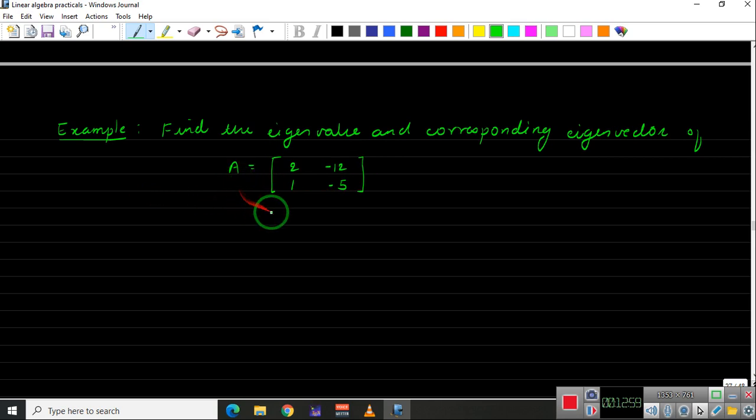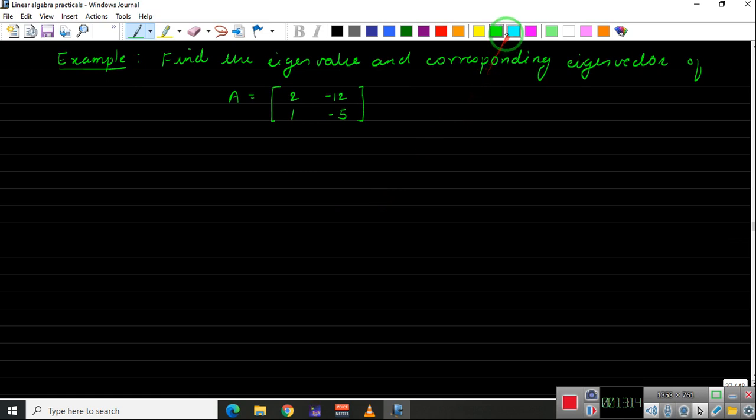What you need here is, first, how to get the roots of a polynomial, and second, how to solve a system of equations. If you know these two, then you can find the eigenvalues and eigenvectors. Okay, so let us solve this. Solution. Understand how we get this. First we need to find the characteristic equation.